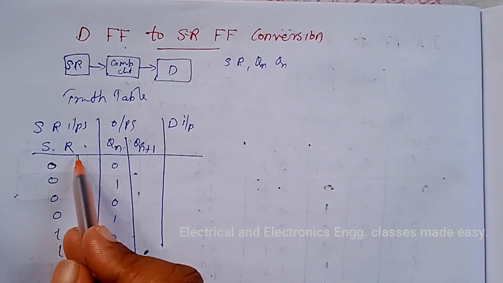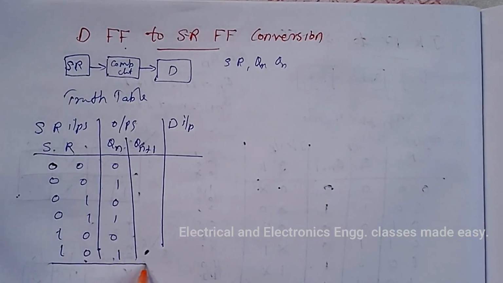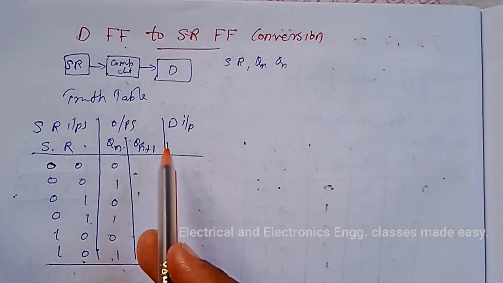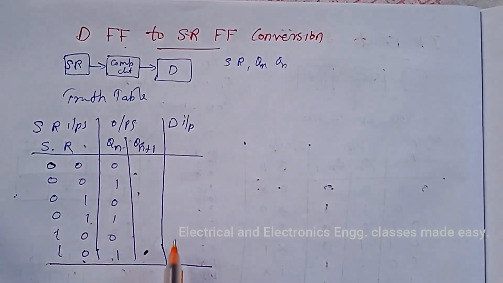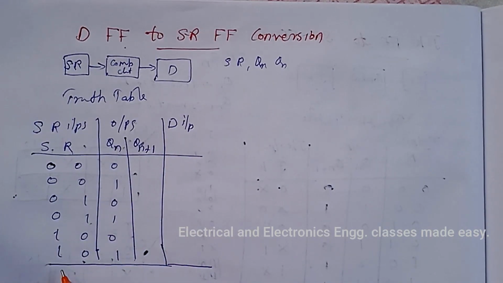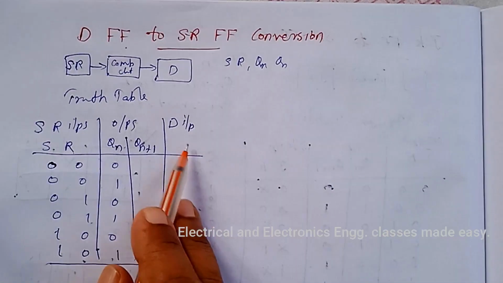And in SR, 1 1 is not valid, so no need to write that. But while considering the K map for D, we have to put down cares for those combinations, that is 1 1 0 and 1 1 1. We have to put a don't care for K map realization of D.